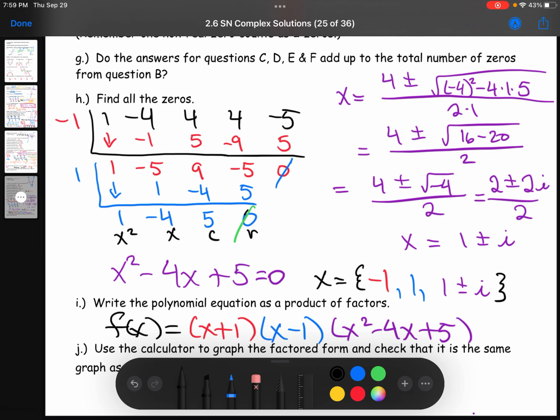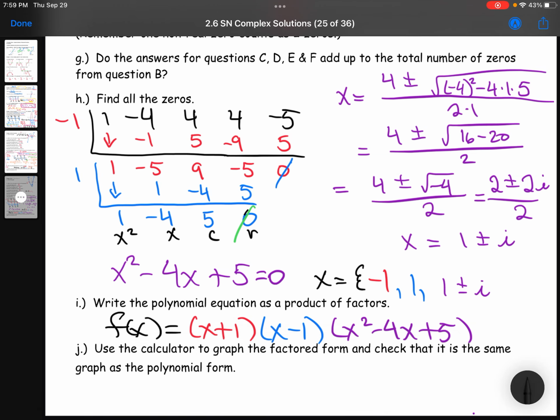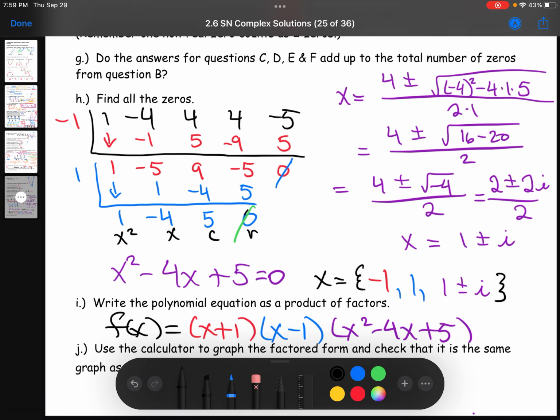So if we graph factored form, we will see that it does match the graph we had from the beginning. Here's our solution.